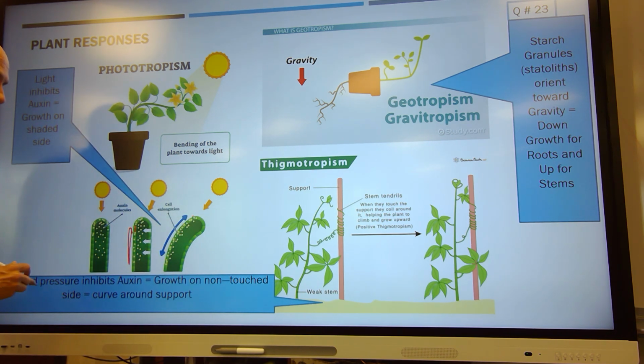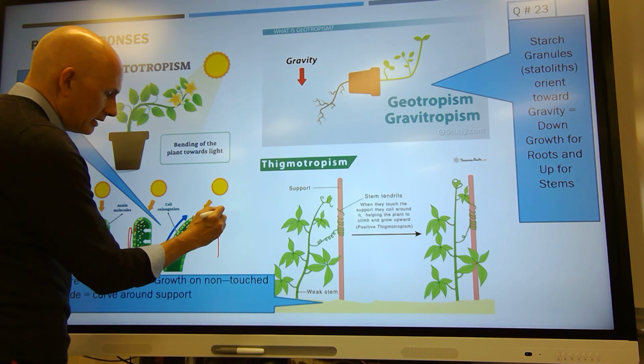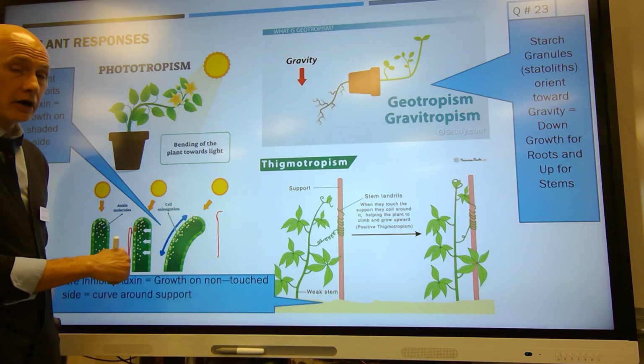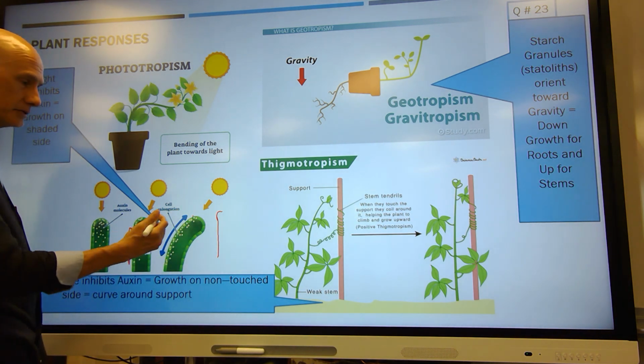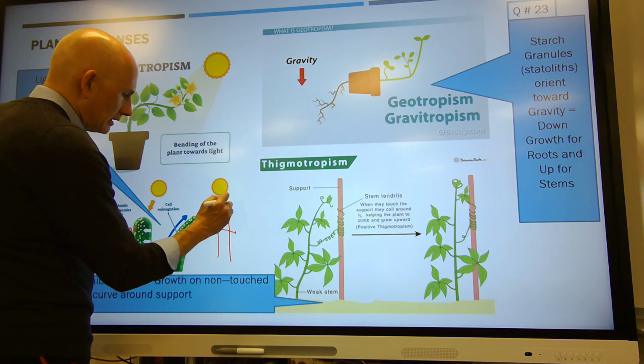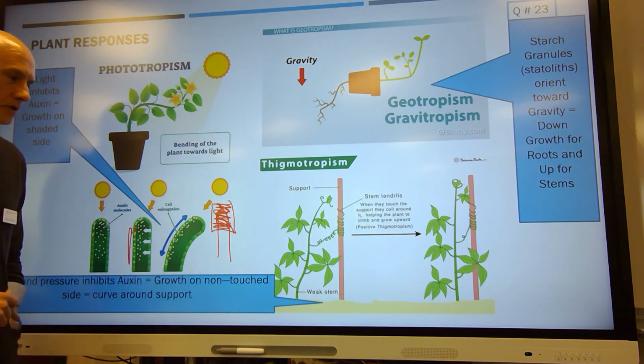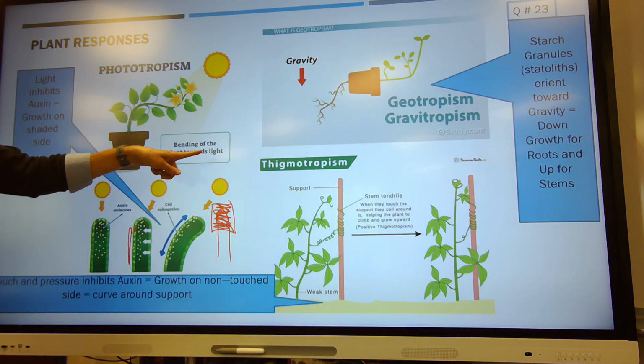Typically what you will see is they'll show this, and then you will have different seedlings. This is called a hypocotyl, which is the embryonic shoot. You'll have one where it is blocked with a cap, which means that the auxins won't be produced, and it will just continue to grow straight.